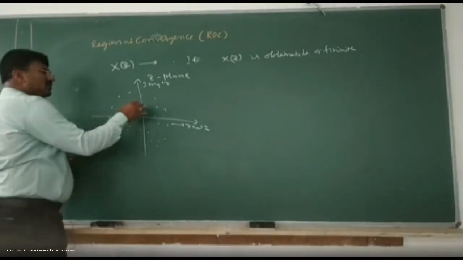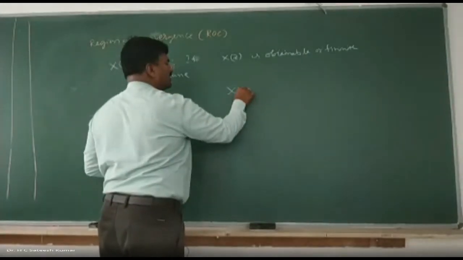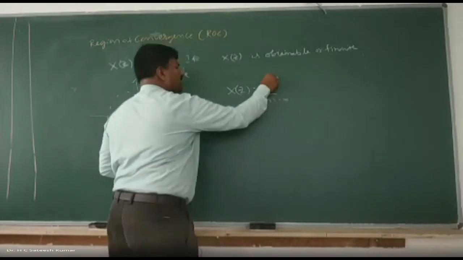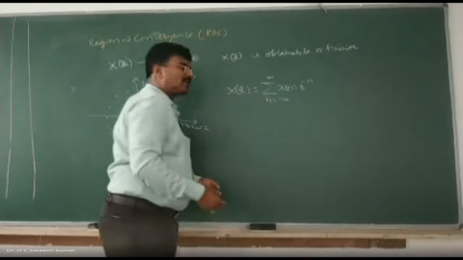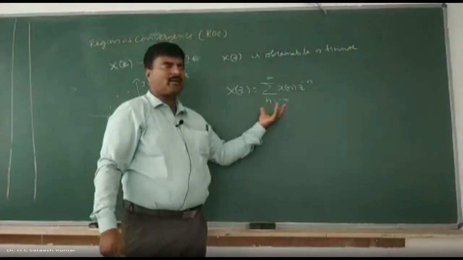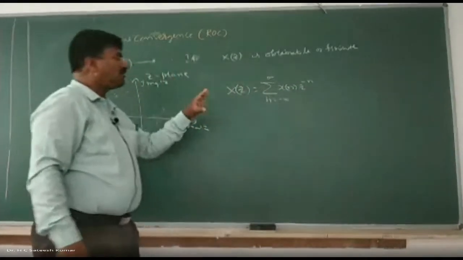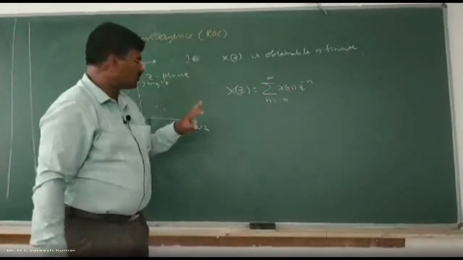For all values of z, x of z may not exist, because the definition says x of z is equal to summation n varies from minus infinity to plus infinity x of n into z to the power of minus n. Since the summation is from minus infinity to plus infinity, at some point x of z may be infinity, and then it is not obtainable. For certain values of z, x of z is obtainable.